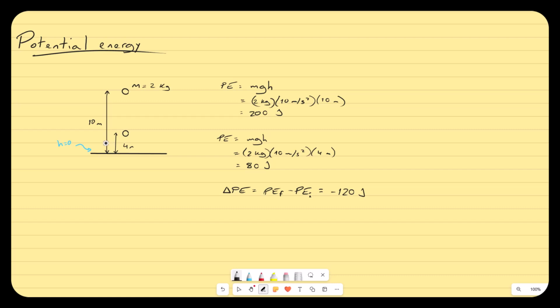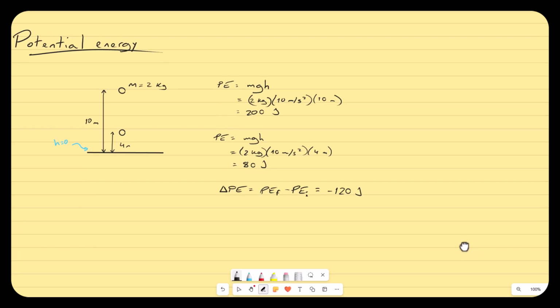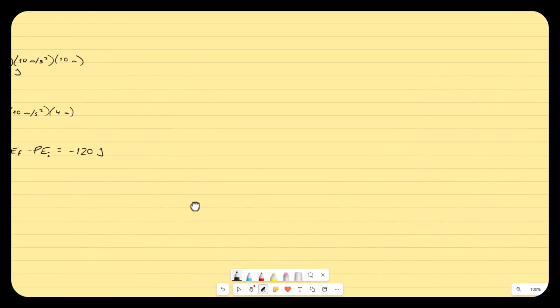So that's one form of gravitational potential energy, and this is honestly the form you're going to use the most often out of anything. But let's cover the others. Maybe I have a planet like this. We're going to give this thing a radius of 6.4 times 10 to the 6th meters. This is the radius of the Earth.